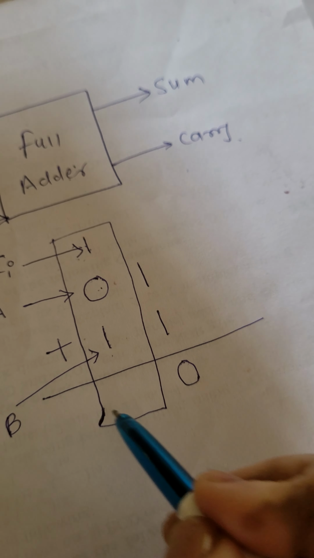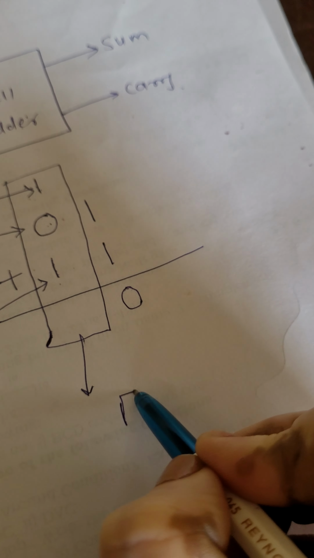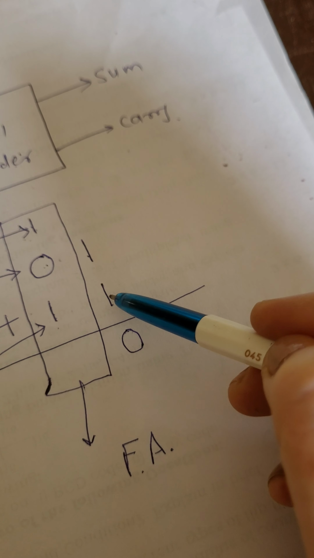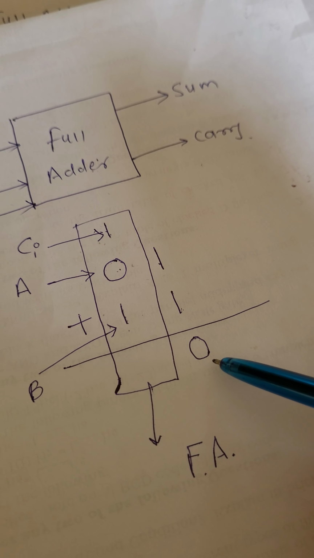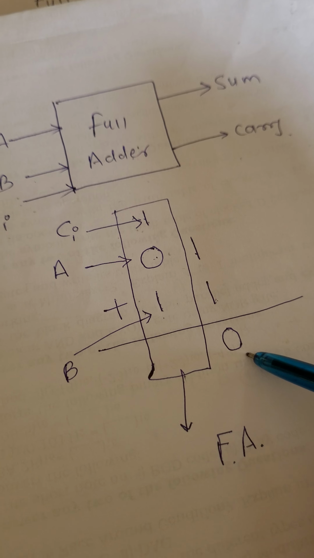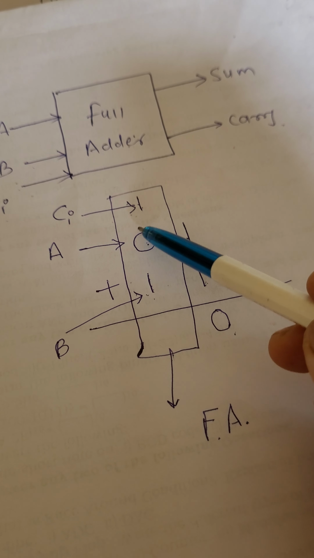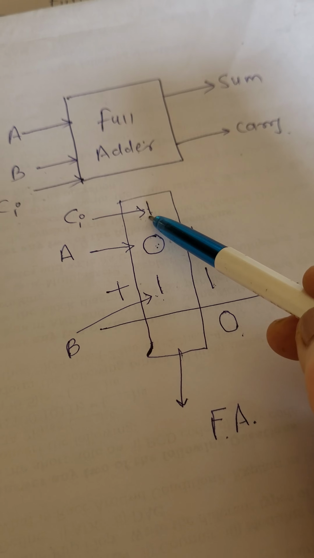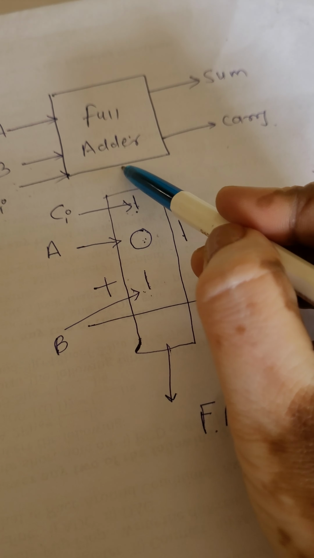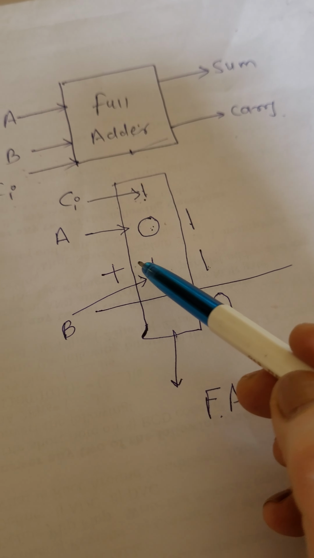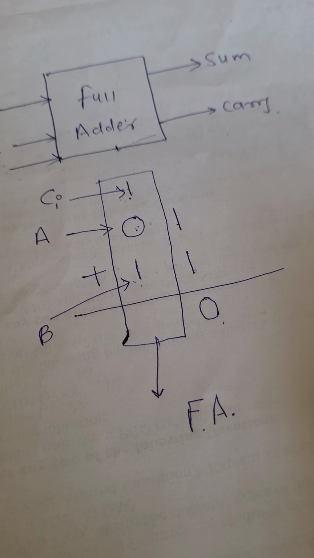For this I need a circuit which is called as a full adder. For addition of these 2 plain bits, we can use a half adder. We have seen that in the last video. So to add these 2 binary bits along with this carry which is generated in the previous column, we need the circuit full adder.